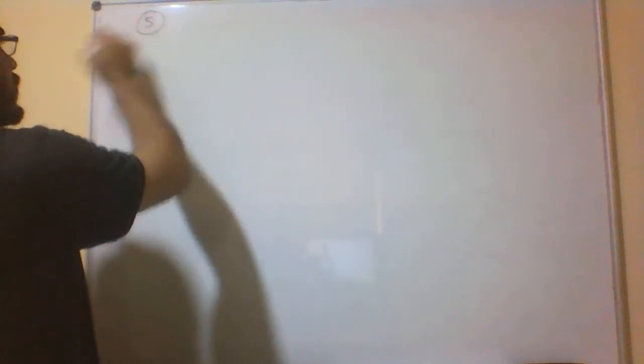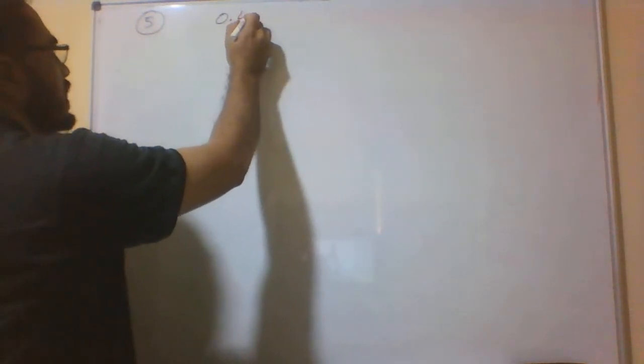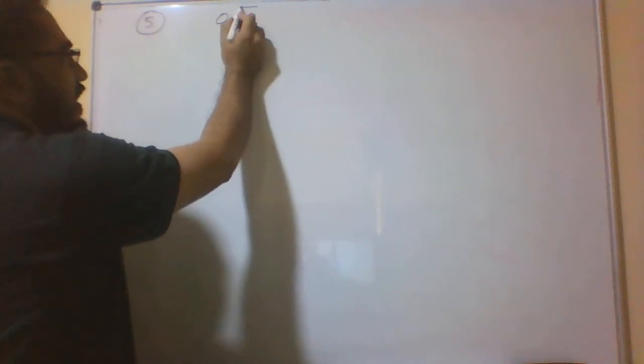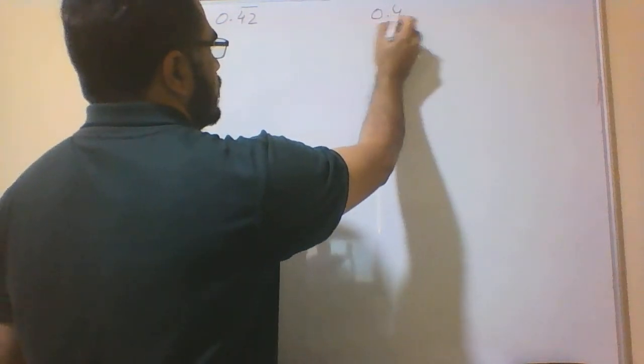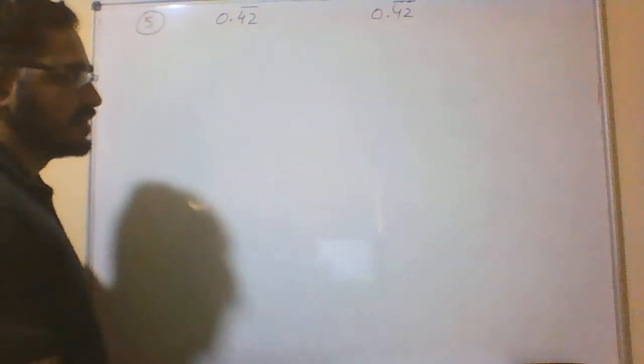First of all, I will discuss recurring decimals. What are recurring decimals? Here he is giving us 0.42. On a recurring decimal, there will be a line at the top, or there will be dots, like this. Here will be two dots or a line.